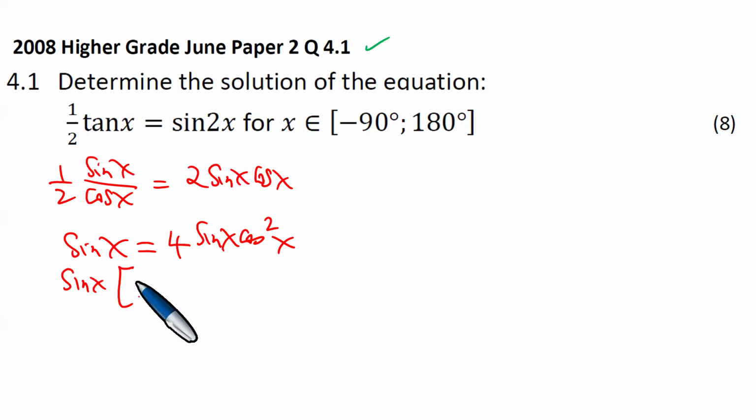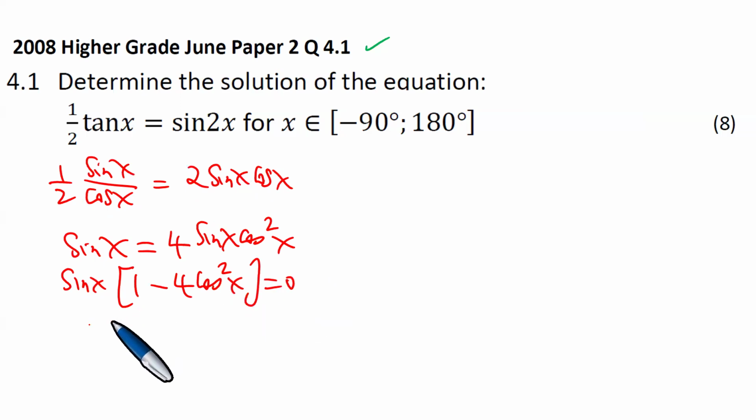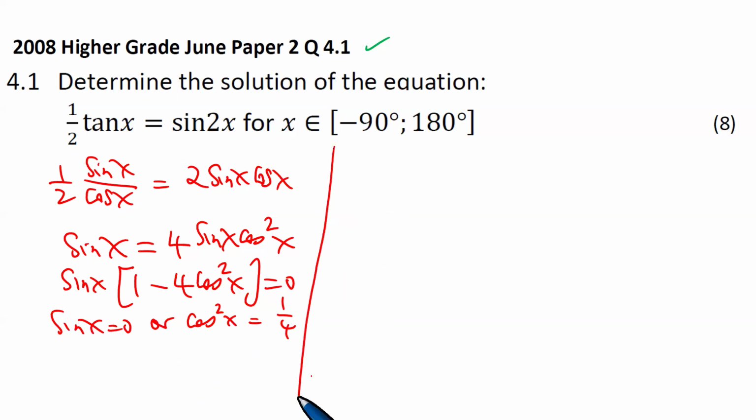We take the sine x out: sine x times (1 minus 4 cosine squared x) equals 0, which means sine x equals 0, or cosine squared x equals 1/4.